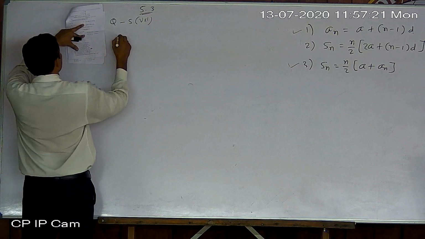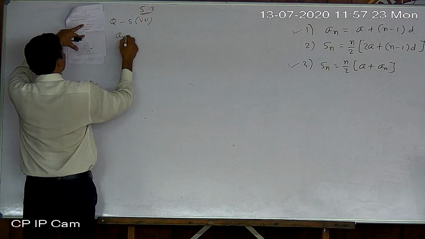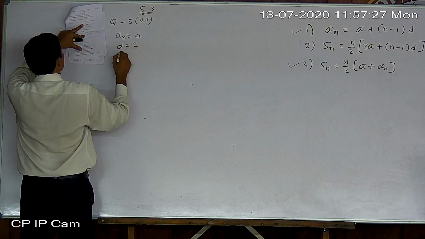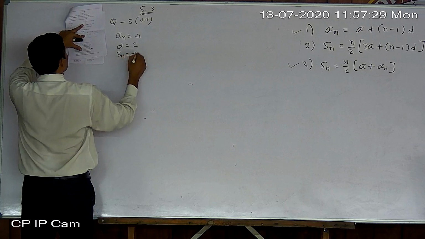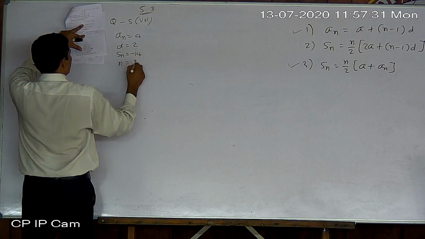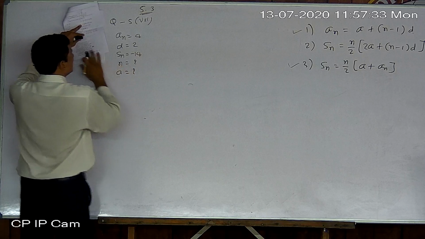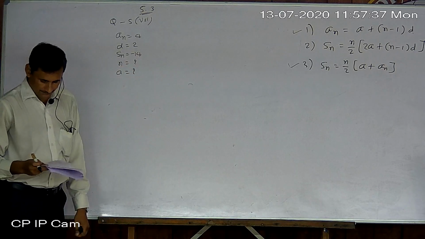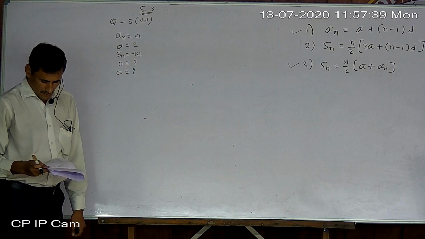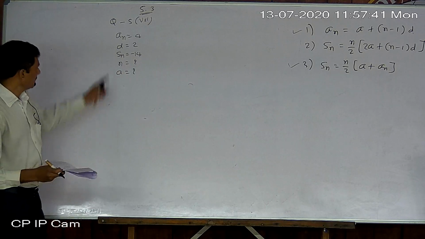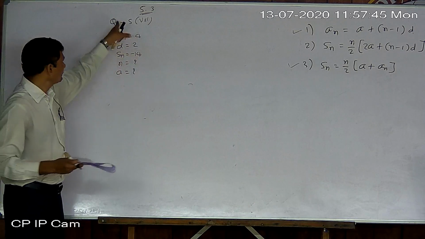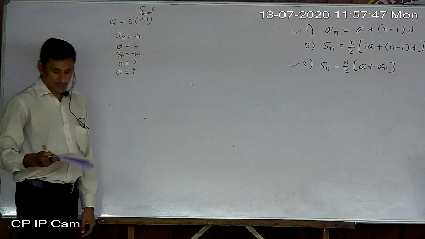So now a_n equal to 4, d equal to 2, S_n equal to minus 14, find n and a. Now you just look at sub question number 4 of the third question.